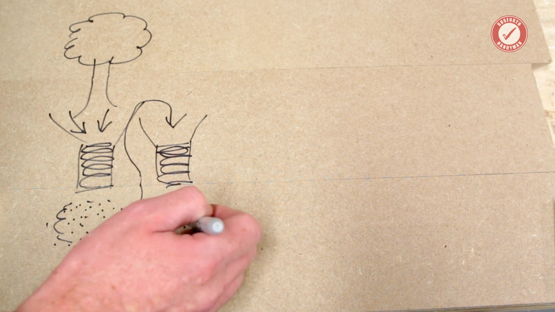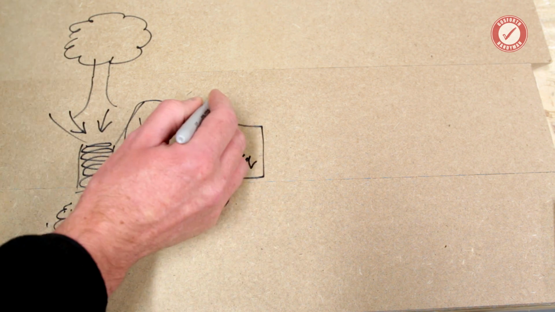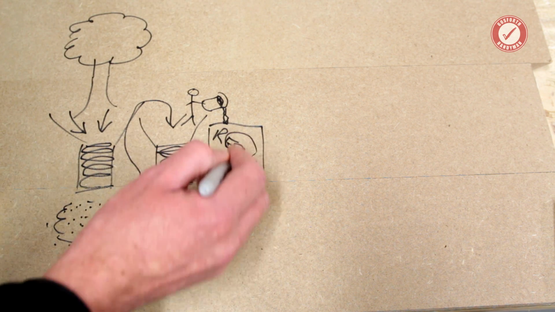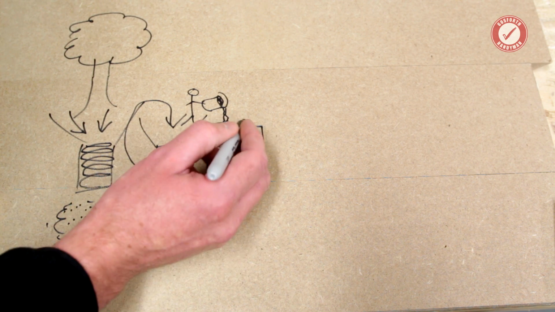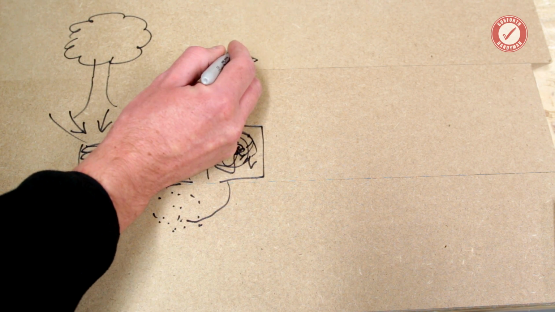And then at some point they'll add some resin to it, and then that all gets mixed up with the MDF. And then I think it gets dried like with a powerful hairdryer.